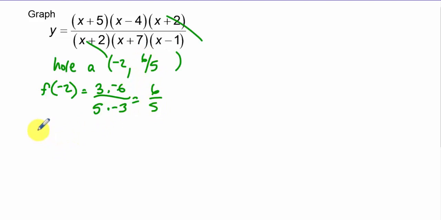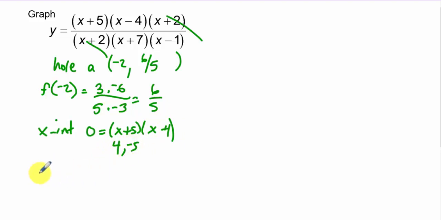So I end up with 6/5 as my hole. My x-intercept, set the numerator equal to 0. And remember, it's the remaining numerator. So I have 4 and -5. Y-intercept, use the remaining polynomial to find that. So it looks like I have -20 over 7 for that.